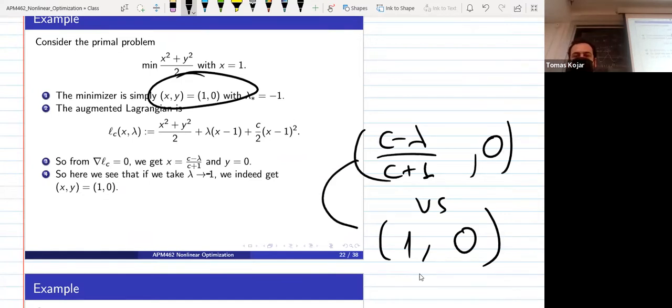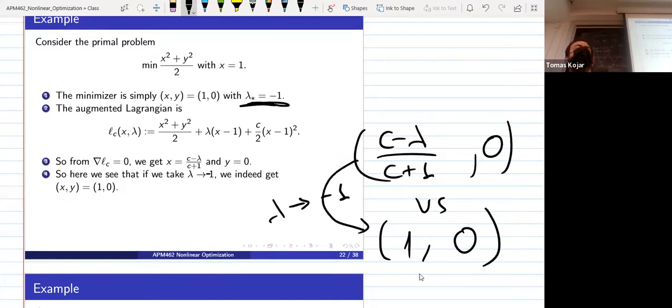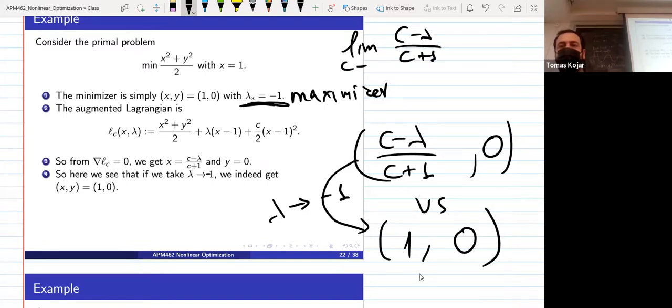Either you take lambda to minus 1, which is the maximizer of the dual, or, how else can I get 1? If you take the limit of this ratio as C goes to infinity, you get 1. So again, you got your original minimizer.